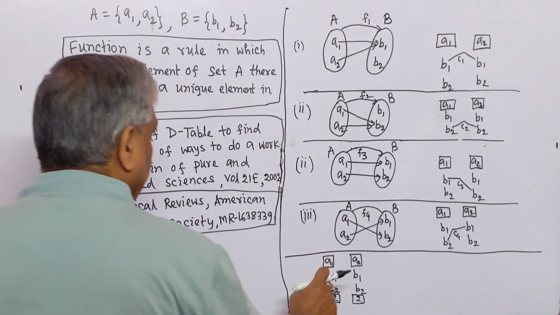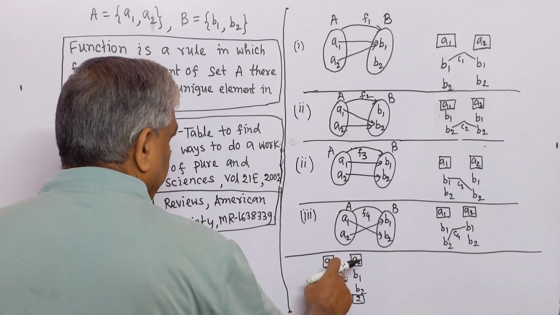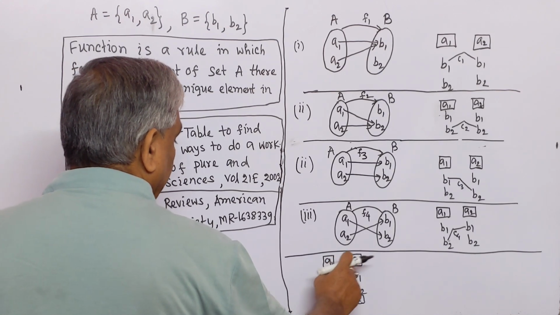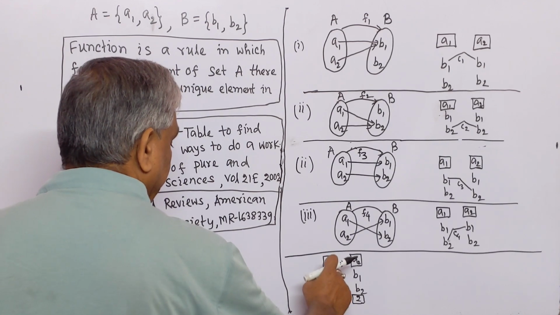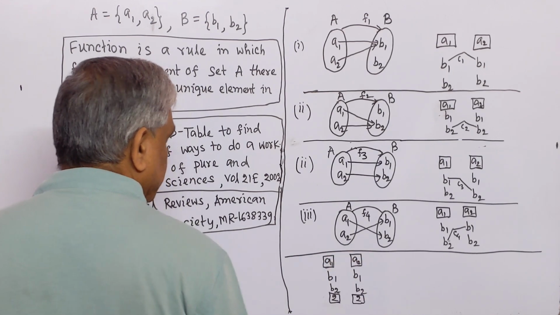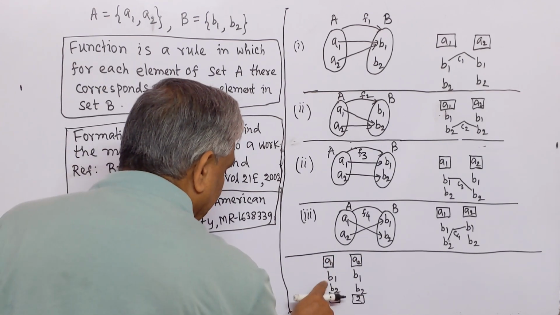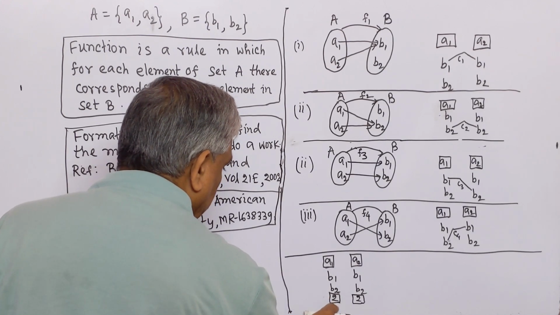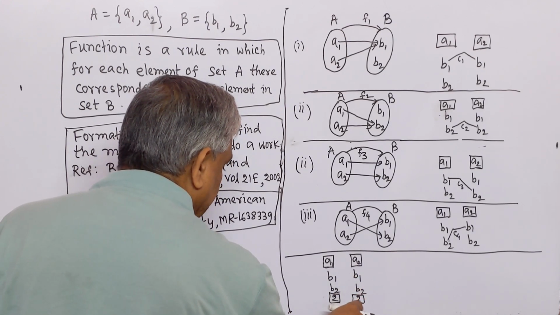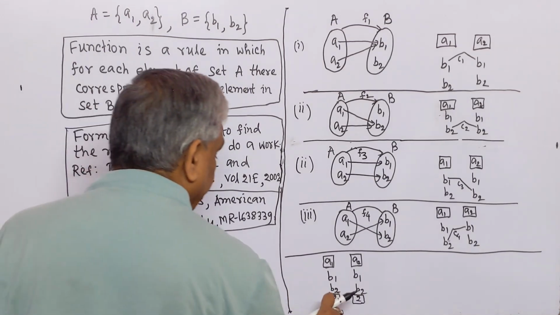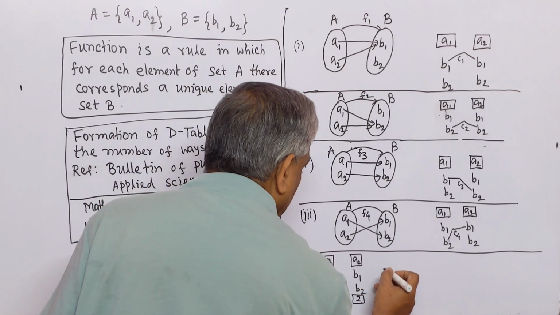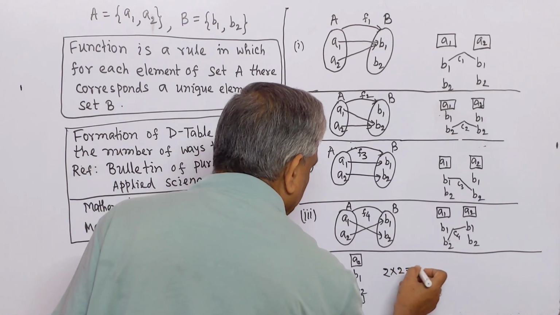Here we may also write another table in which we write a1 and a2. The columns contain b1, b2, two columns. The number of elements in the first column is 2, and the number of elements in the second column is also 2. So the number of possible functions will be 2 multiplied by 2, that is 4.